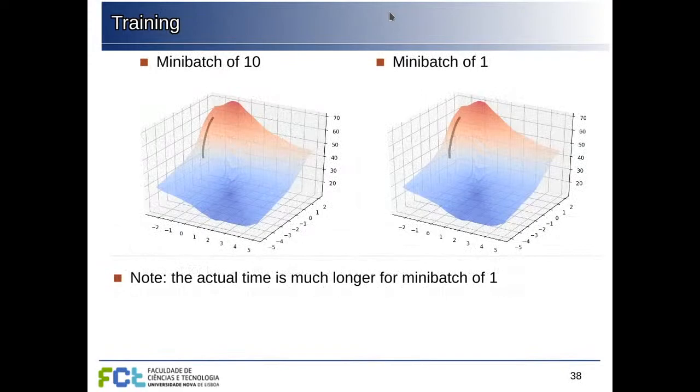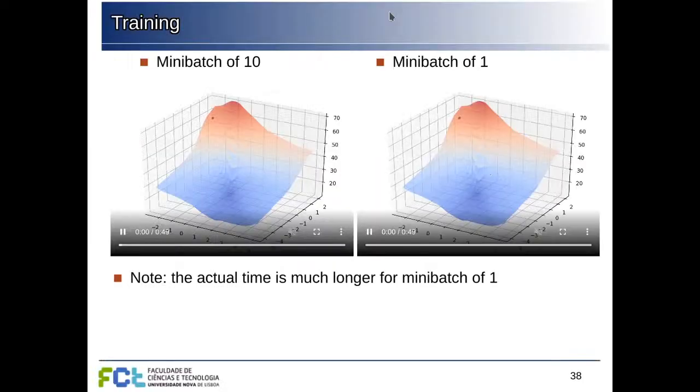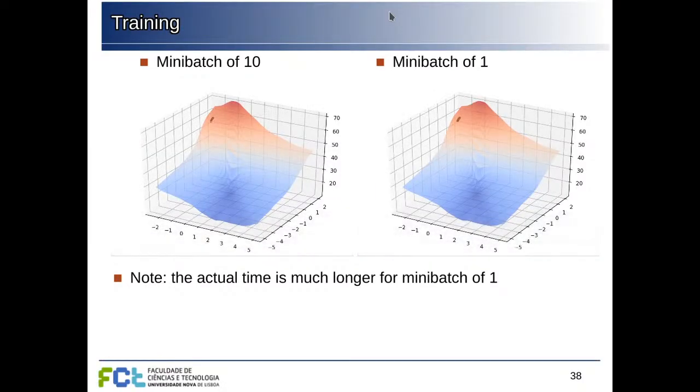So for this example, I'm showing you one dot for each epoch. One epoch is one pass through all the data set. And as you can see in this case, we do not reduce the number of epochs that we need by using a mini batch of 10 or using a mini batch of 1 example.